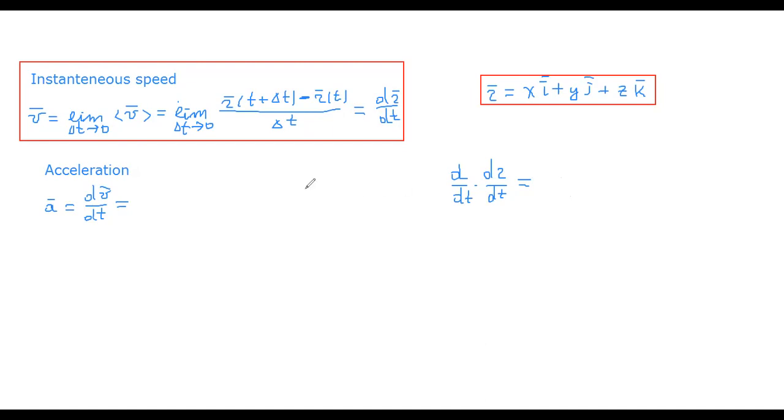It will be the second derivative, d2r by dt2. Okay, so we can make a substitution: d2r by dt2.